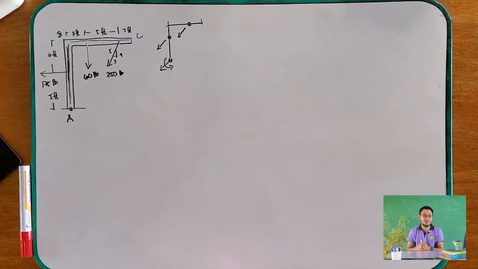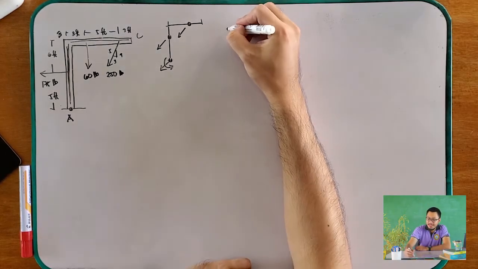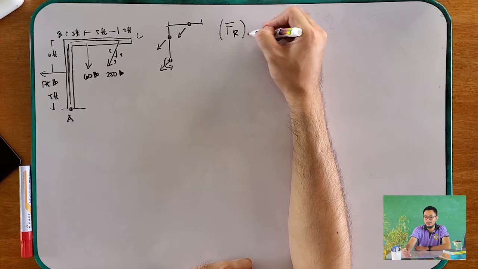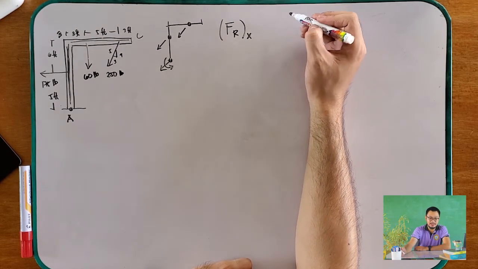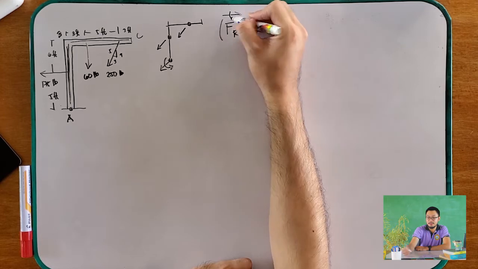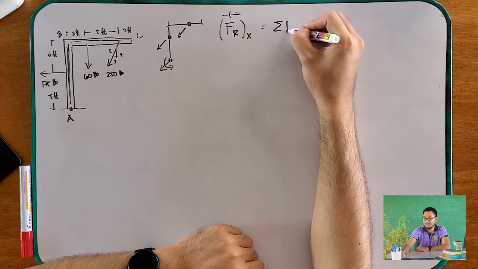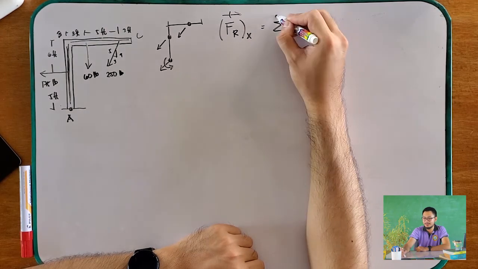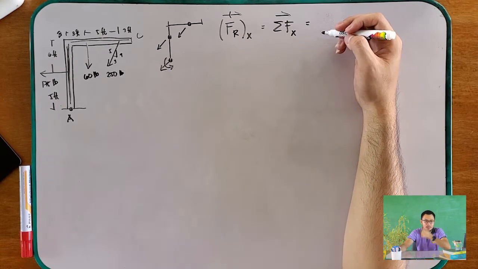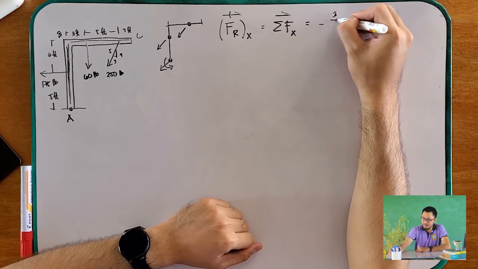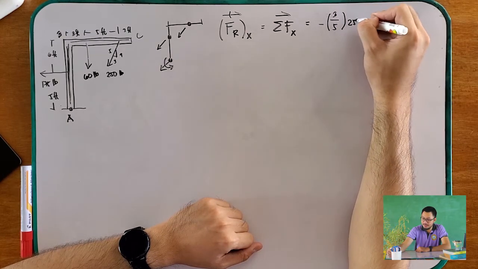Okay? Let's solve. What are we going to do first? Our first goal is to determine the resultant force of the 3 forces. So, FR. But instead of FR, we will find its components. FRX, assuming that FRX is going to the right, positive, is equal to the summation of forces along the X. Equals what? They are all negative. First we have 250, so minus 3 over 5 times 250.